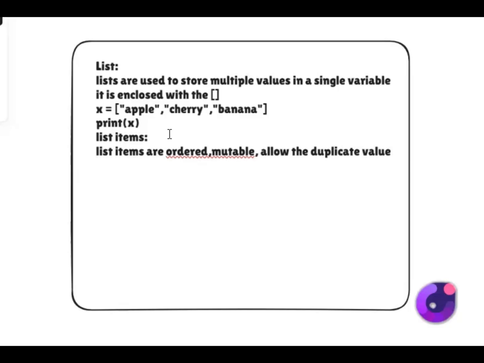Let's check what is meant by ordered. When you create a list and give an item, it has a specific meaning and it is ordered. And when you add a new item into the created list, it will be visible at the end of the list.